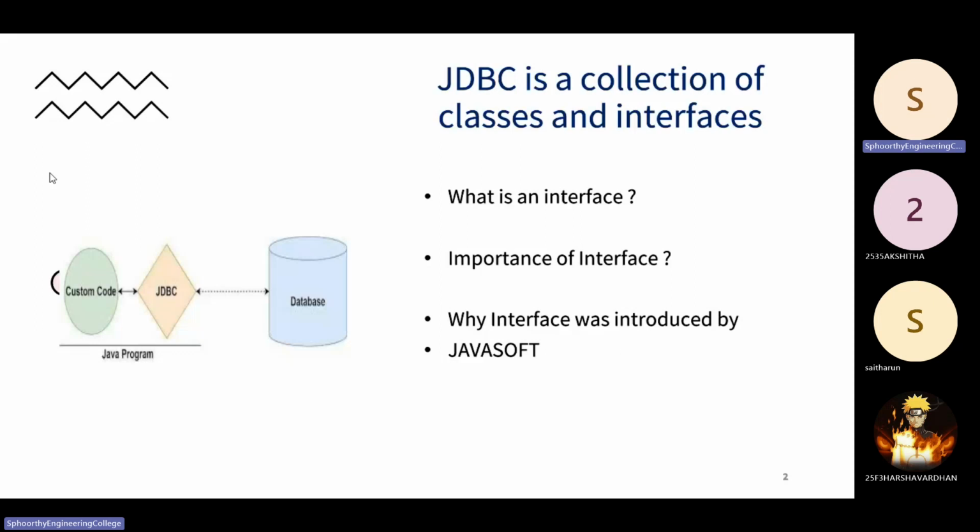In between our program and database, we have JDBC. JDBC acts like an interface between a Java program and the database, and it will help us in interacting with the database and performing all CRUD operations.